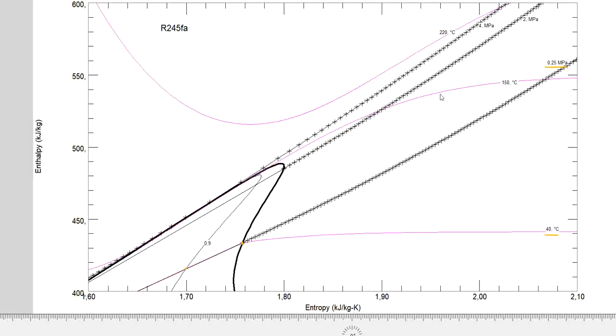Well, as you can see, the point 220 degrees C is above the critical point, where the critical point would be obviously somewhere around 150 degrees C, so this is too high, and the cycle would be supercritical.